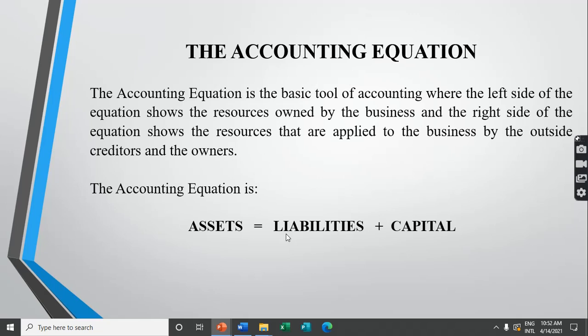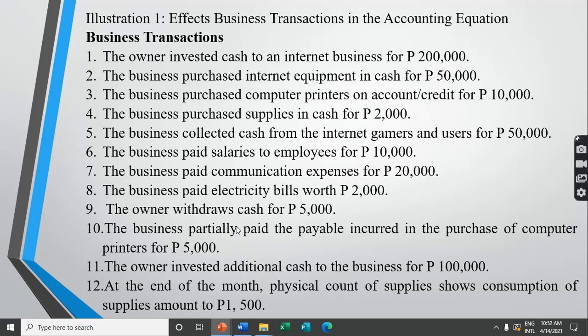So, liabilities plus capital. So, the accounting equation we are talking about is asset is equal to liabilities plus capital. Okay? Take note of that accounting equation. We will be using that on the business transactions. Okay? So, accounting equation: asset is equal to liabilities plus capital.